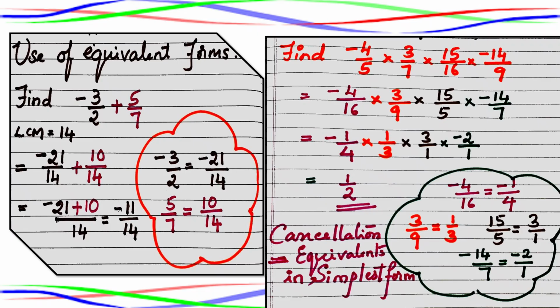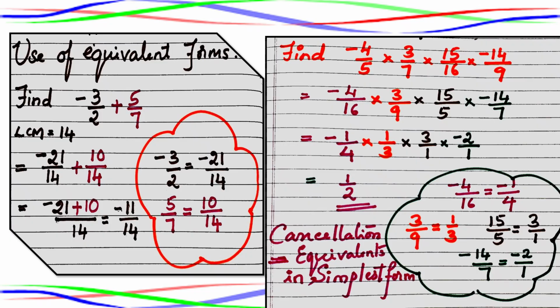So minus 1 by 4 is the result of cancelling 4 and 16, minus 4 by 16 written in simplest form as minus 1 by 4. And 3 by 9 after cancellation is written in simplest form as 1 by 3. 15 by 5 after cancellation is written as 3 by 1. Similarly, minus 14 by 7 is written as minus 2 by 1. So what is cancellation?